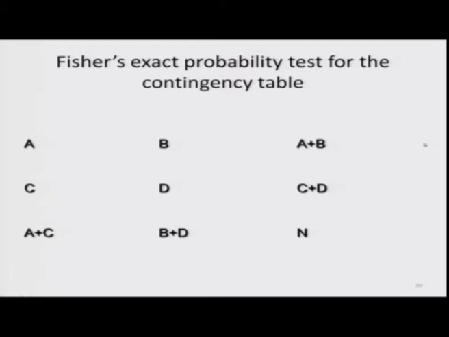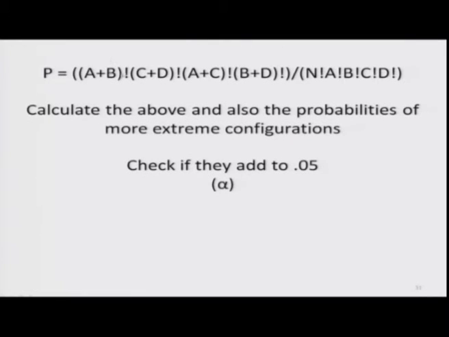Fisher showed that, marginal totals being fixed, that is if A plus B, C plus D, A plus C, B plus D and n are fixed, then the probability that your contingency table will have the configuration A, B, C, D is this probability.